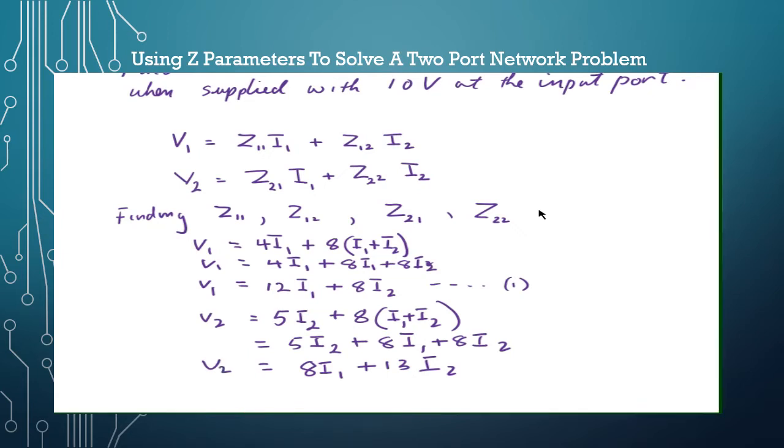If we now compare with the Z parameters equation, we can write down the values of Z11, Z12, etc. Z11 would be 12, so Z11 equals 12.